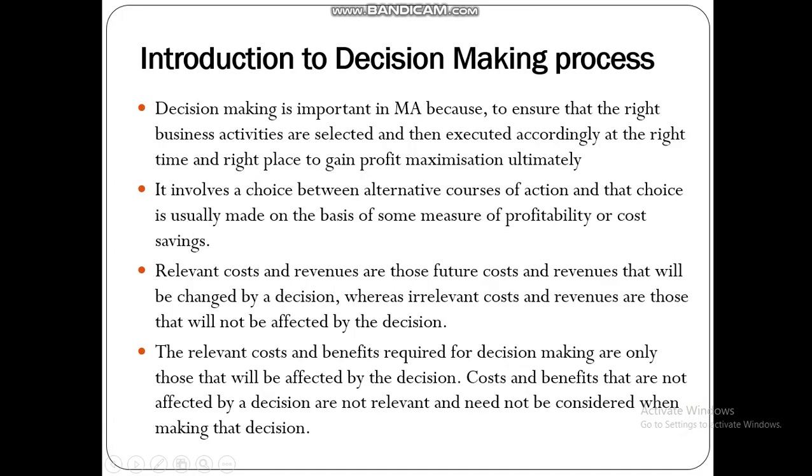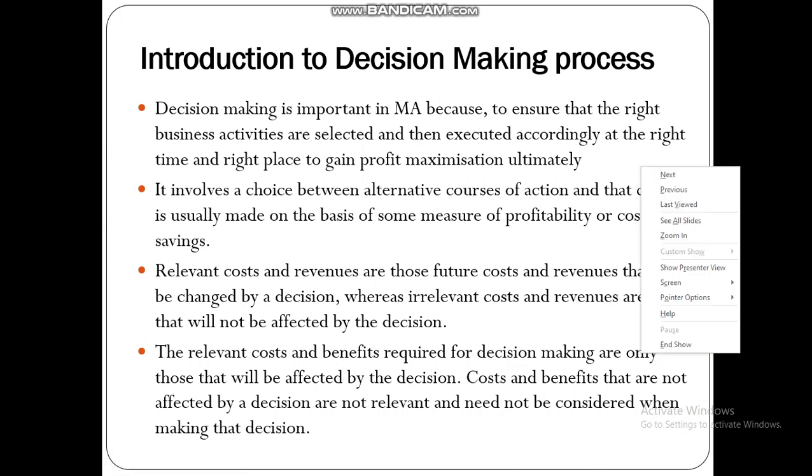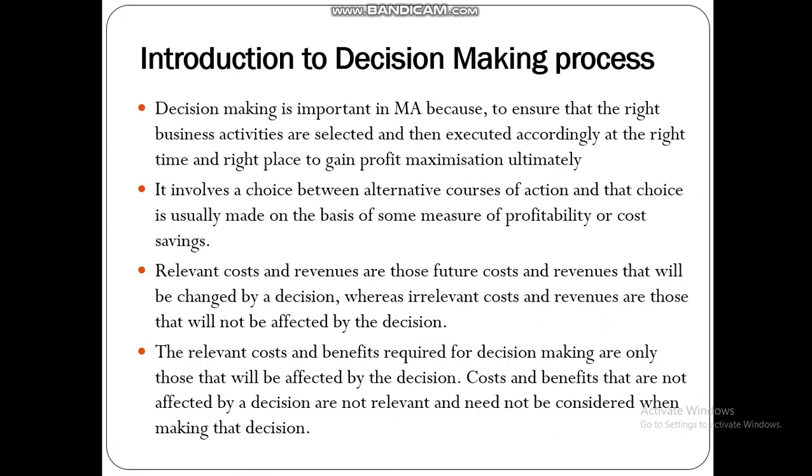The decision making process here will be the most important thing in MA, because it will help management choose the right activities, at the right time and at the right place in order to gain profit maximization.